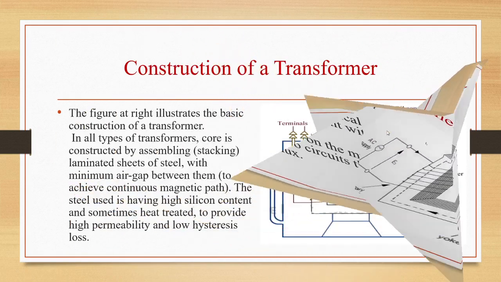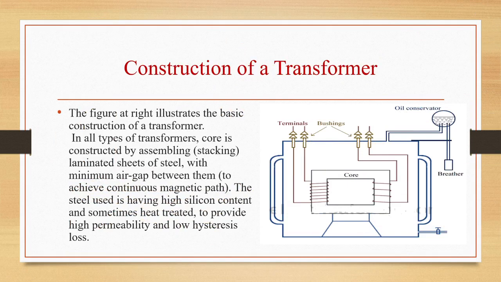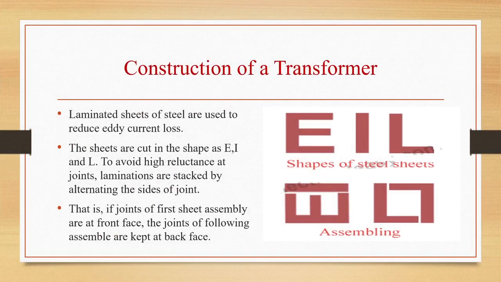In all types of transformers, the core will be constructed by assembling laminated sheets of steel with minimum air gap between them, and the steel used has high silicon content and is sometimes heat treated to provide high permeability and low hysteresis losses.